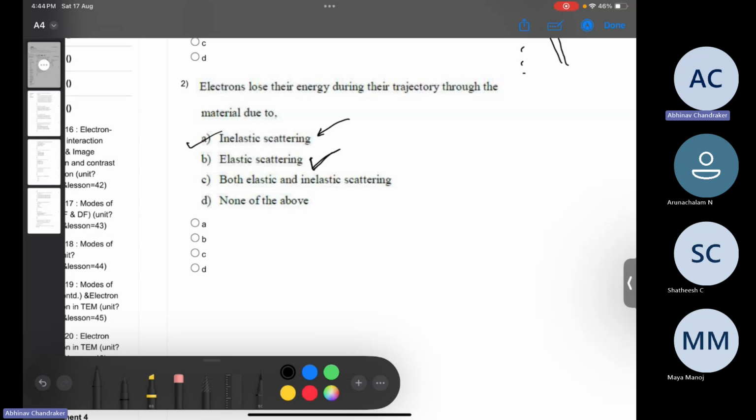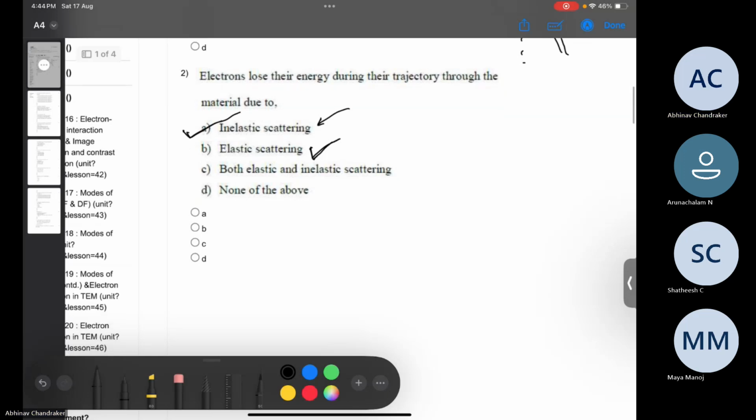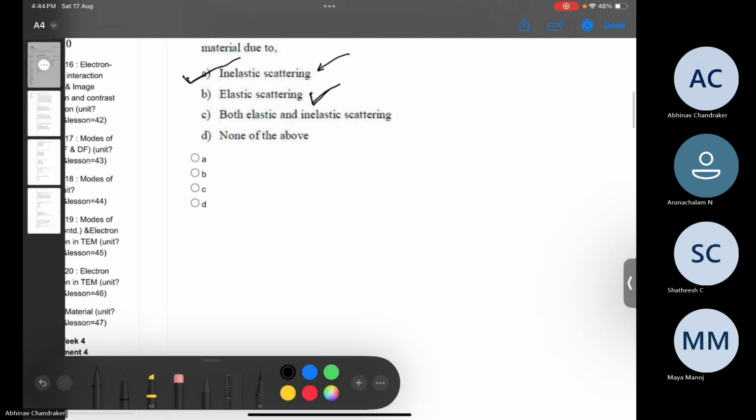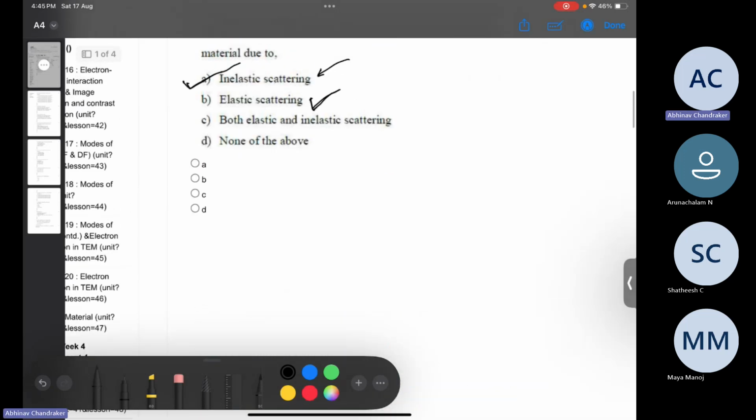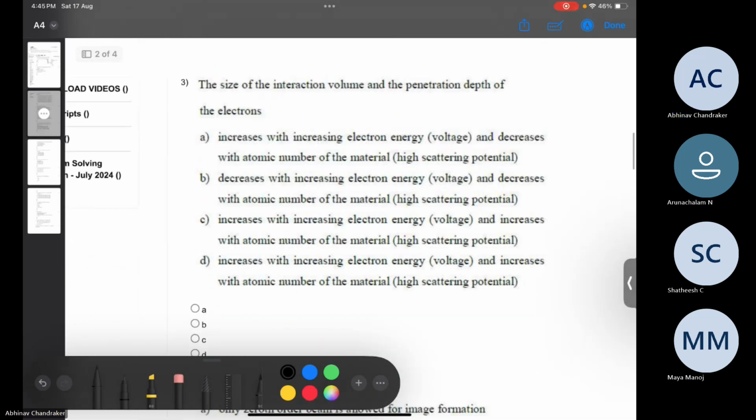But all of these are inelastic scattering because there is loss in the energy of the primary electron beam, right? So if this is clear, I'll go to the next question.